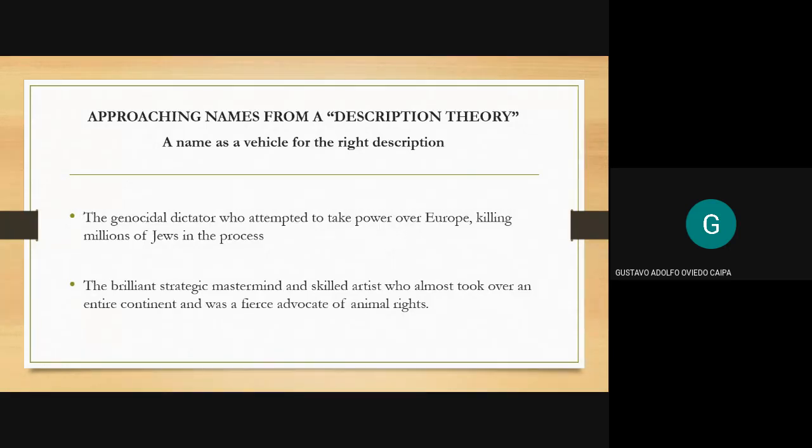Leslie, are you there? Leslie Joanna? Yes. All right, Leslie. My question for you would be to look at the descriptions. Look at the first description right here. And I want you to tell me what person am I trying to pick out from the world with this description?